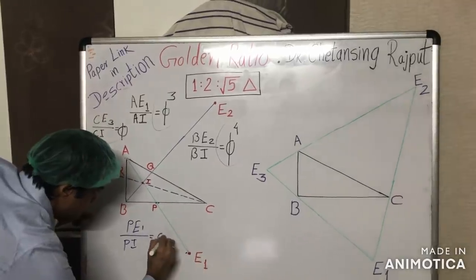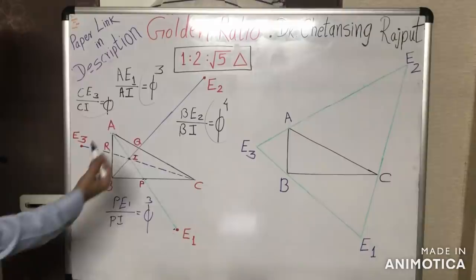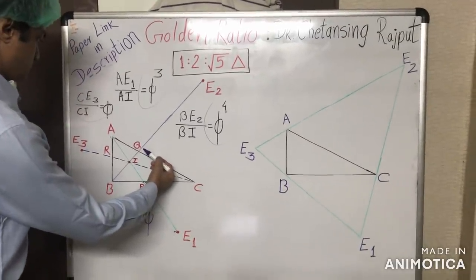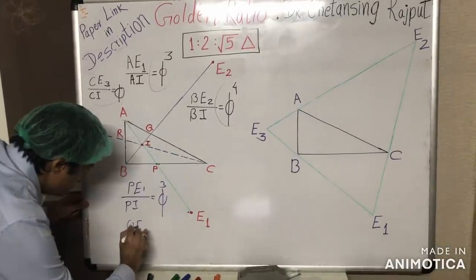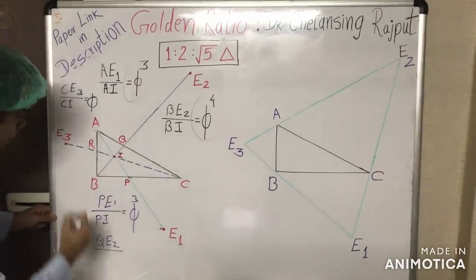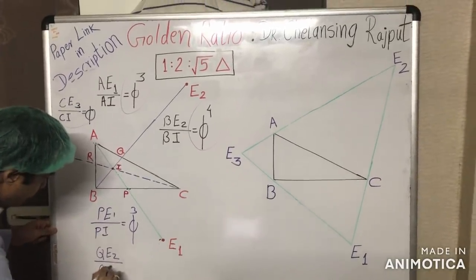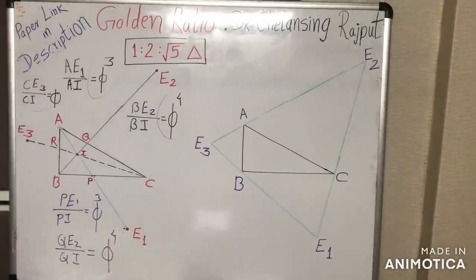This is also equal to phi cubed. Similarly, this distance here Q E2 upon distance of point Q from in center QI. Again, this is 4th power of golden ratio.